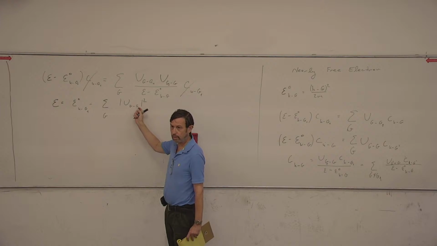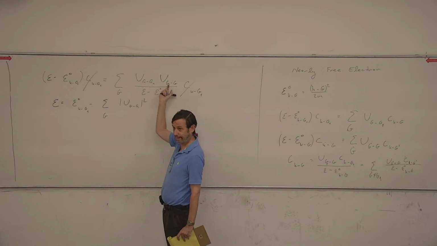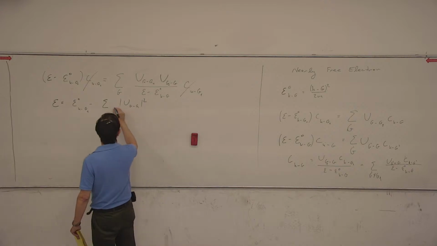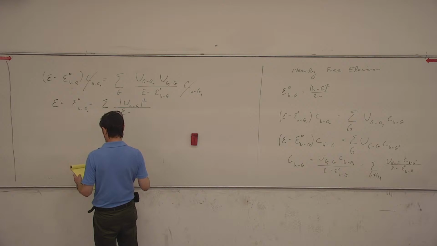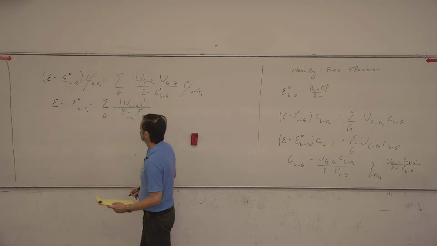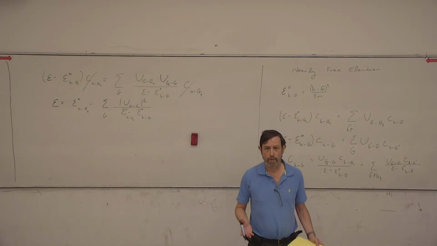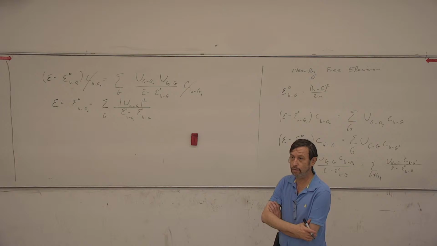The absolute value squared, because I had G minus G1, and its complex conjugate. Okay, that's the form of second order perturbation.